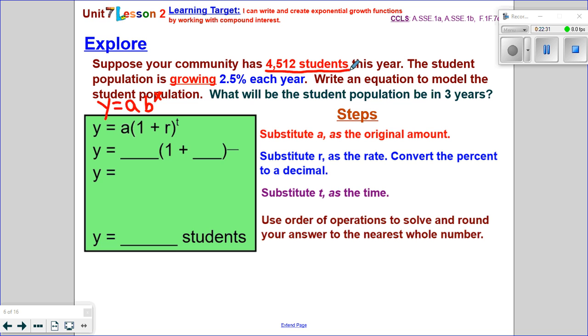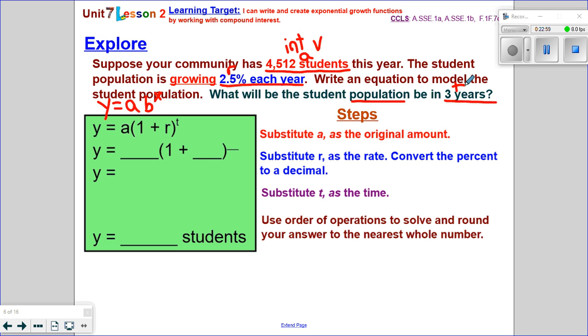This is the initial value. The initial value is a in this case. The student population is growing at 2.5% each year. That's your rate. Write an equation to model the student population. What will the student population be in 3 years? That's the time.